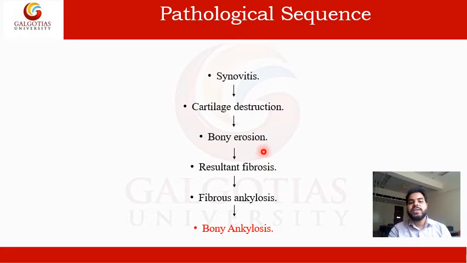Then bony erosion, where your bone will be eroded. Then it results in fibrosis of the joint, then fibrous ankylosis. Fibrous ankylosis means fusion of the joint, and then there is bony ankylosis. After the fibrous ankylosis, the bone will become stiff or ankylosed. Ankylosed means fused.